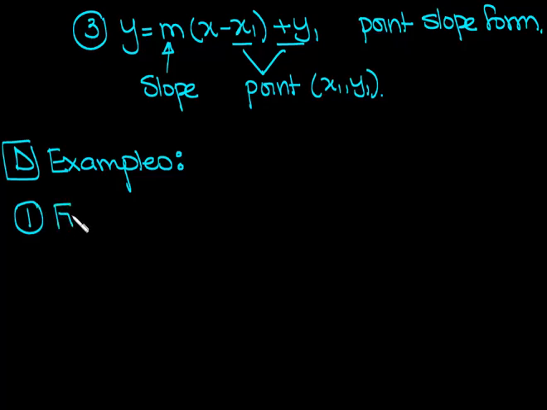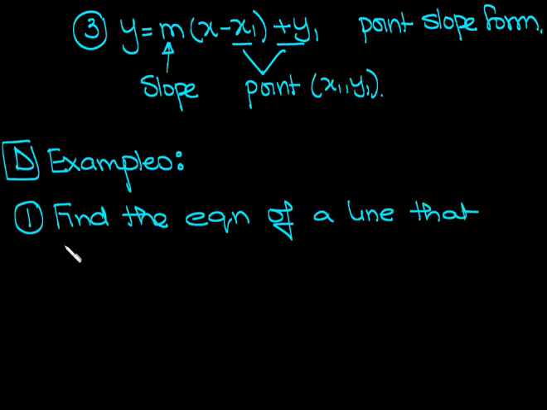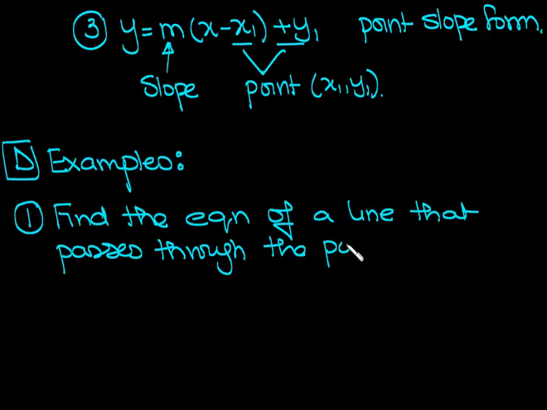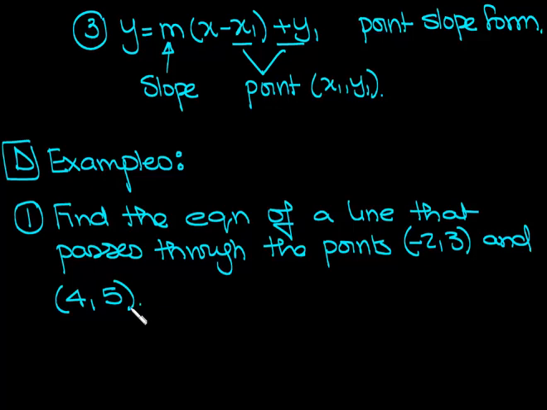Let's say we want to find the equation of a line that passes through the points (-2, 3) and (4, 5). So I want to find, let's make it a little bit difficult, (4, 6). So I want to find the equation of a line that passes through 2 points.